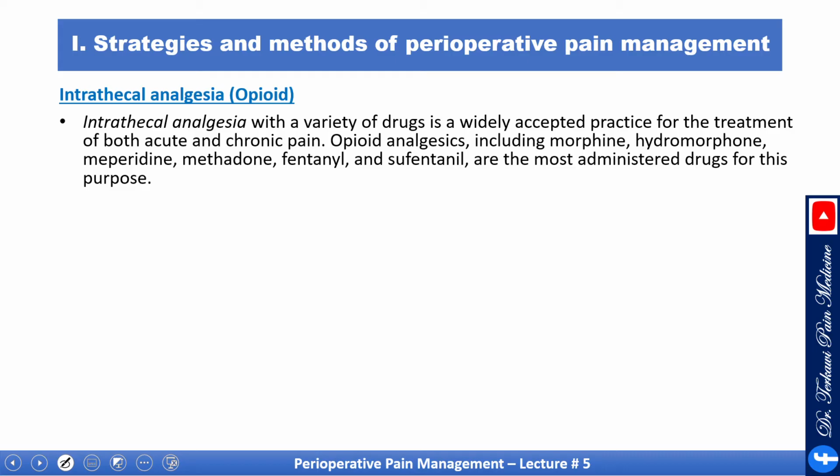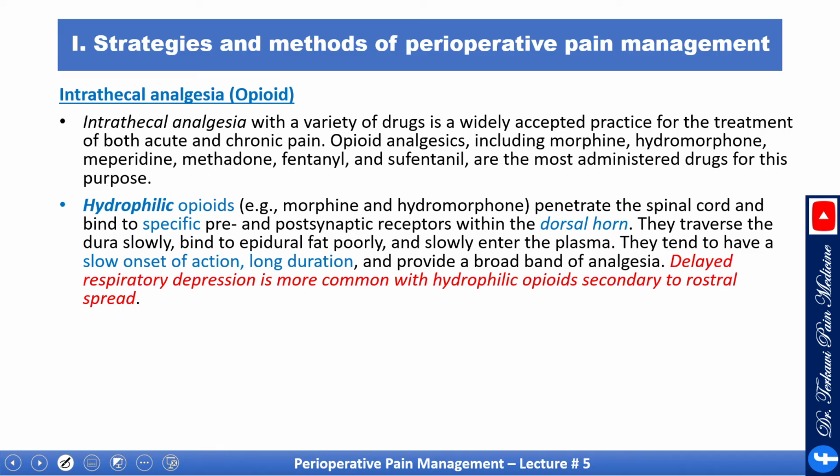Opioid analgesics include morphine, hydromorphone, meperidine, methadone, fentanyl, and sufentanil, which are the most administered drugs. Again, hydrophilic opioids penetrate the spinal cord and bind to specific pre- and postsynaptic receptors within the dorsal horn.